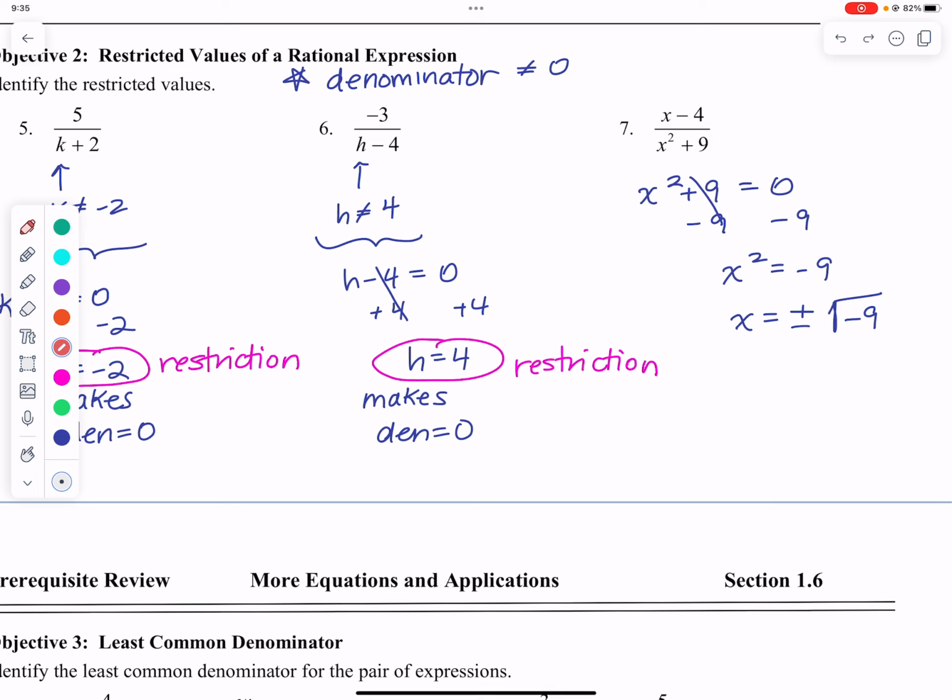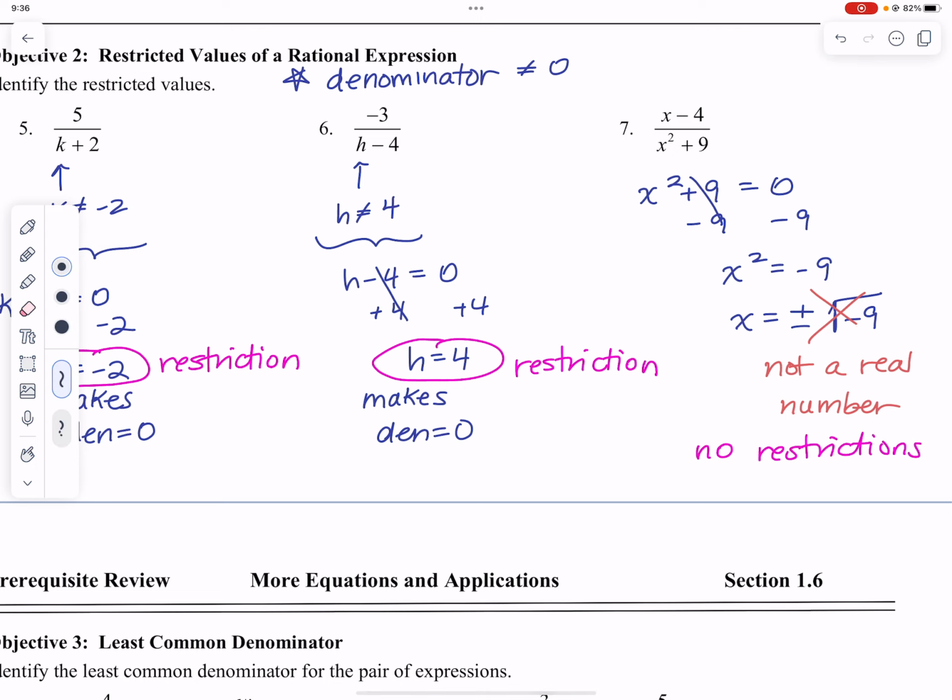So we cannot take the square root of a negative number. That's not a real number. So no restrictions. I think I'd like to erase this.